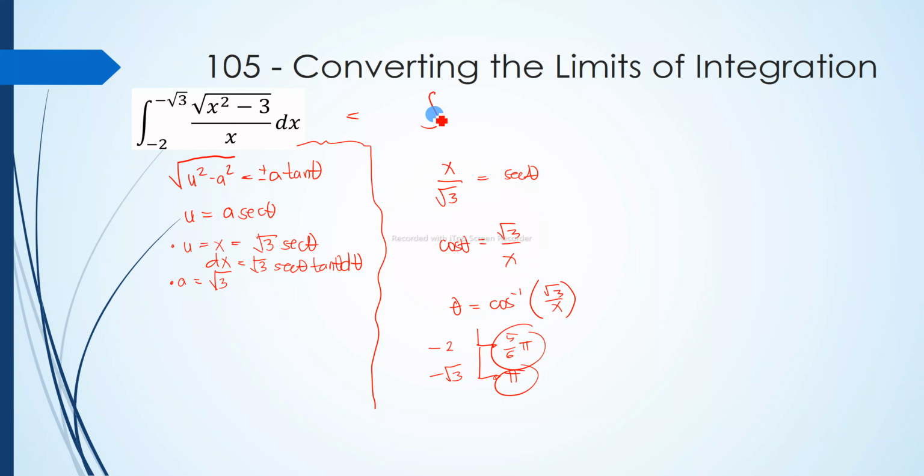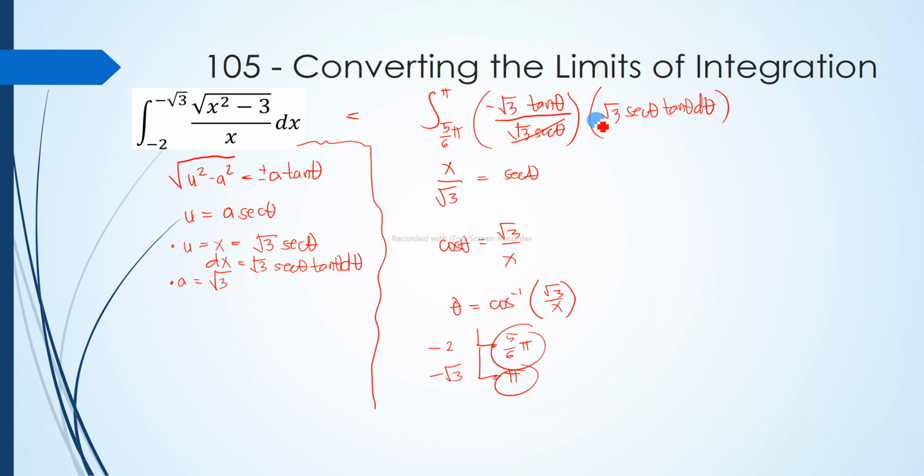So we will have the integral from 5 over 6 pi to pi of negative square root of 3 tangent theta over x. Our x again is square root of 3 secant theta. Now our dx is equal to square root of 3 secant theta tangent theta d theta.